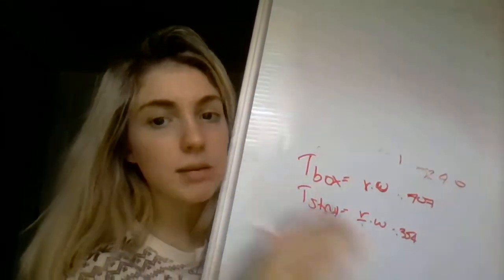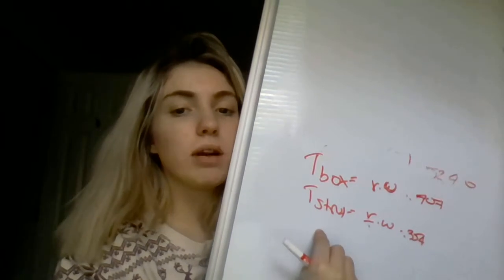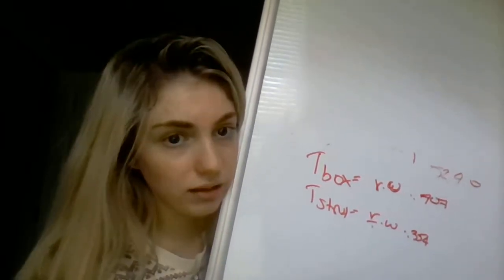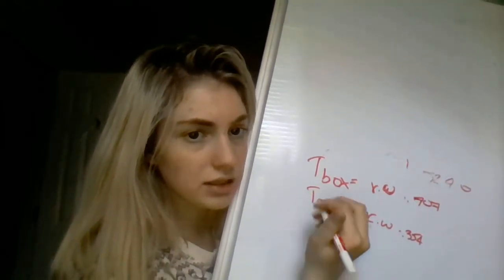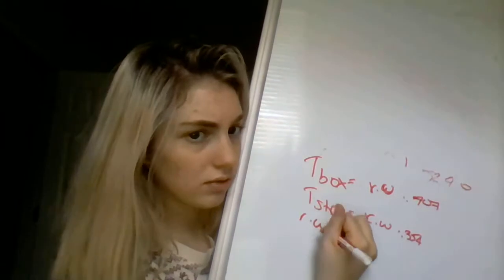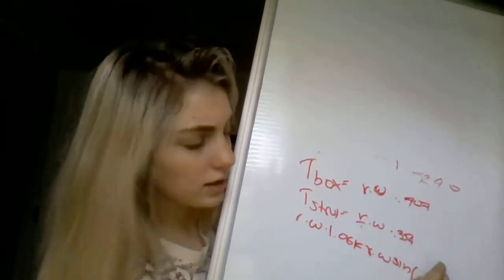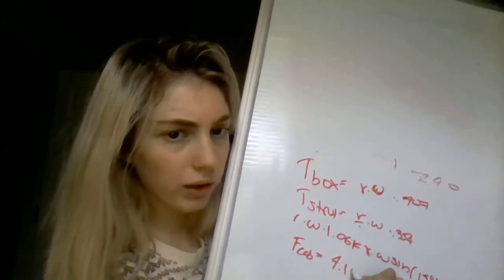And then I'm going to do the sum of the torques as I did before, solve for the force of the support cable, and the force equals the tension again. So, like I did before, I'm going to do the same calculations, just with different numbers. Sine of 15 degrees. So the force of the cable will equal 4.1.